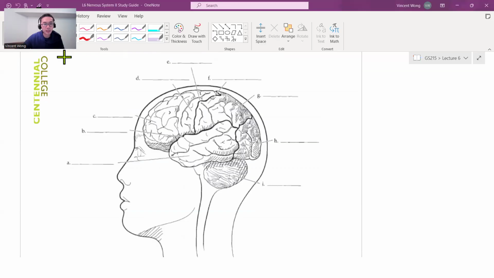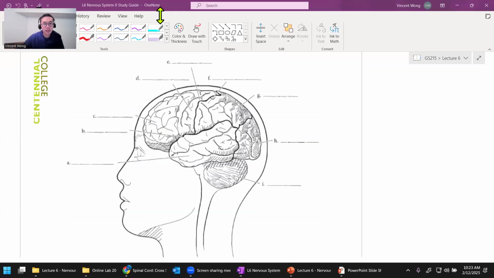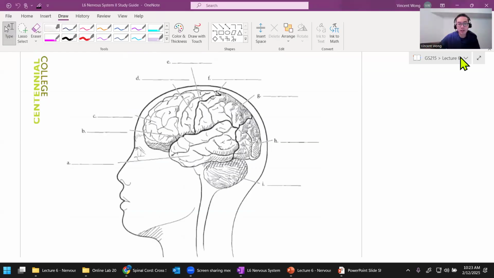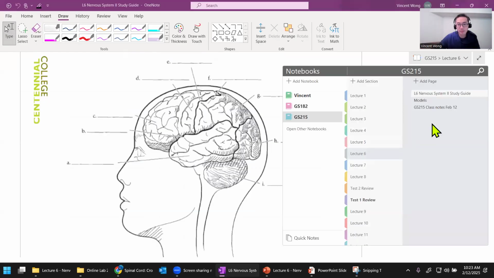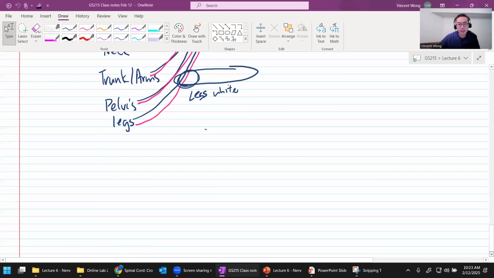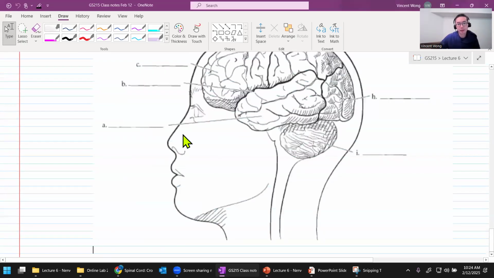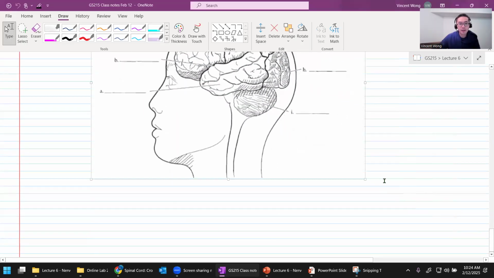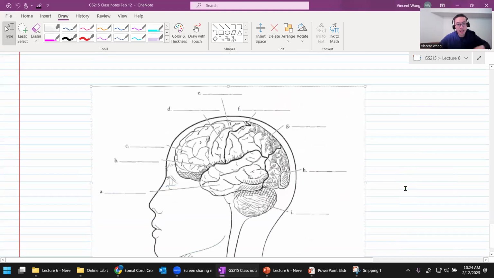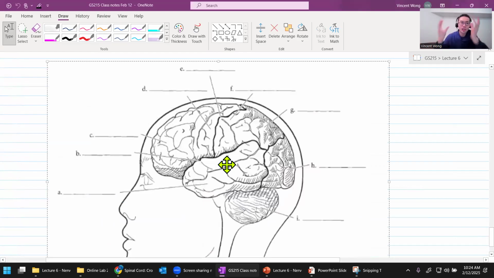Let's get that out of the way. A lot of what I'll be telling you now, I'll repeat next time with the PowerPoint slides, but do try to write them down as much as you can. So this is a very simple looking brain, and you can see the brain is not smooth.